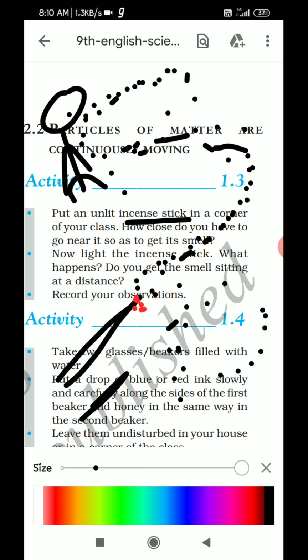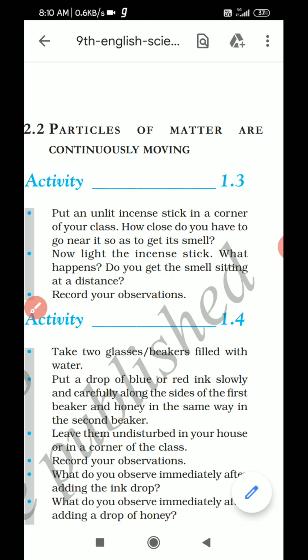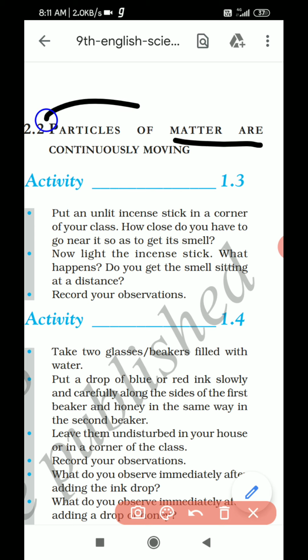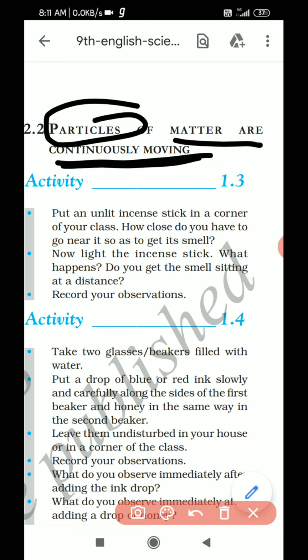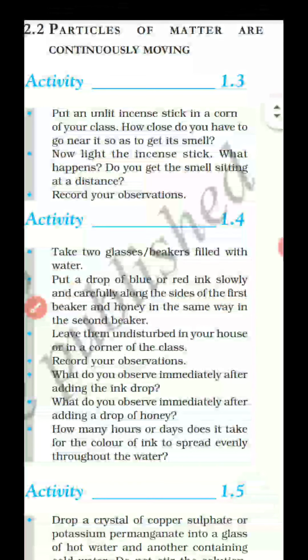From this experiment I can say that the particles of matter are continuously moving in random directions. Random direction means in every direction. Got it clear? Okay, let me go to the second example.